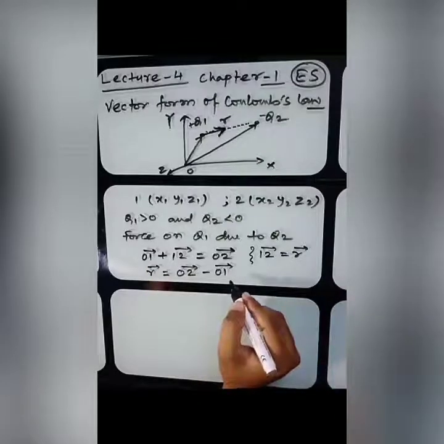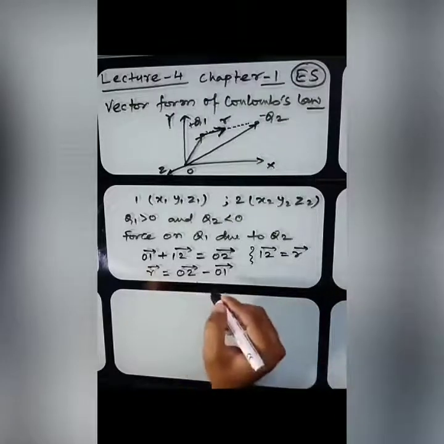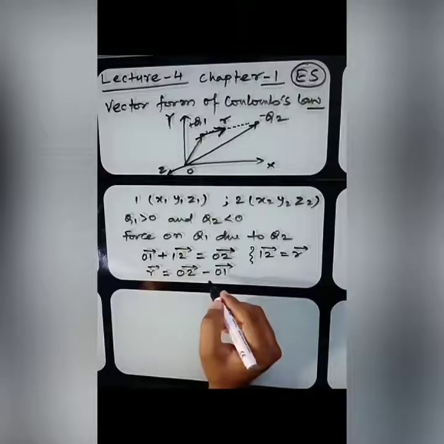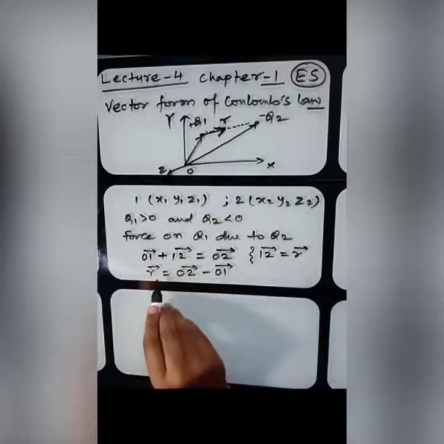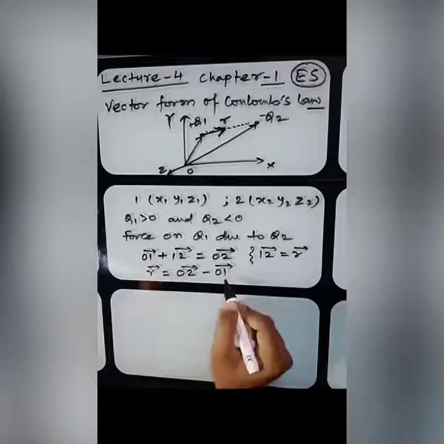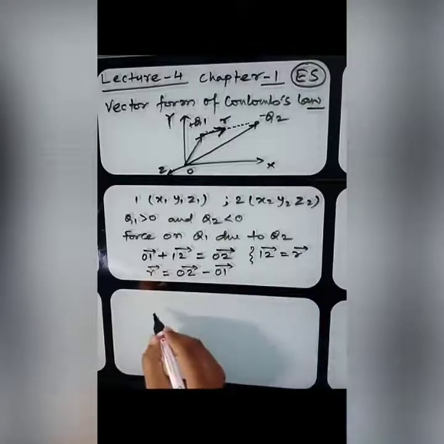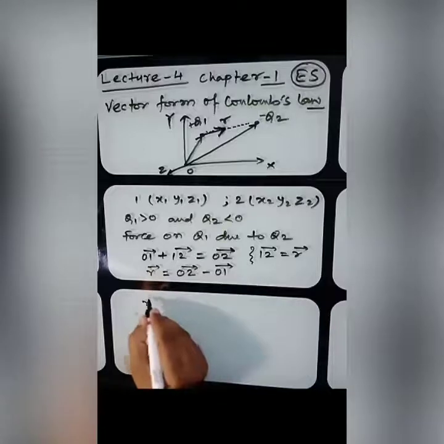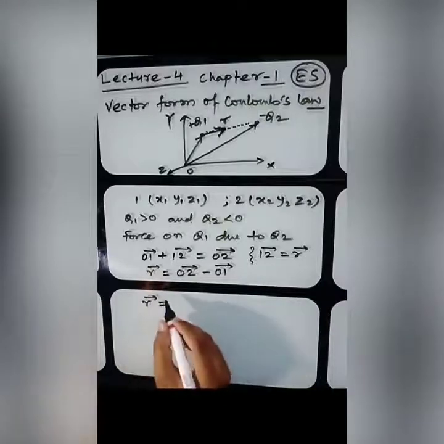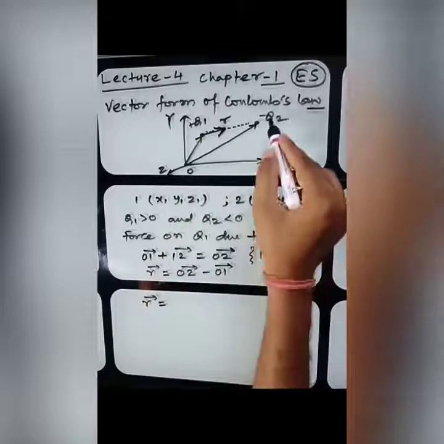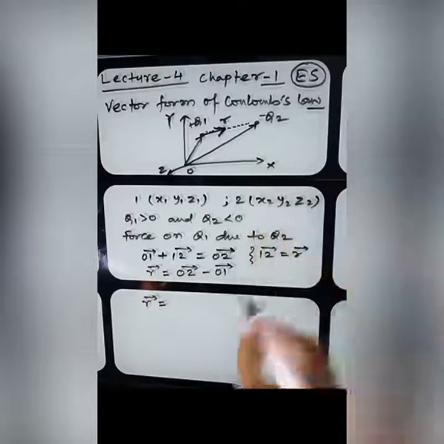I have taught you to write the vector directly from the given coordinates. You subtract the first coordinate from the second coordinate. So r will be written as: O2 is x2, y2 and z2.